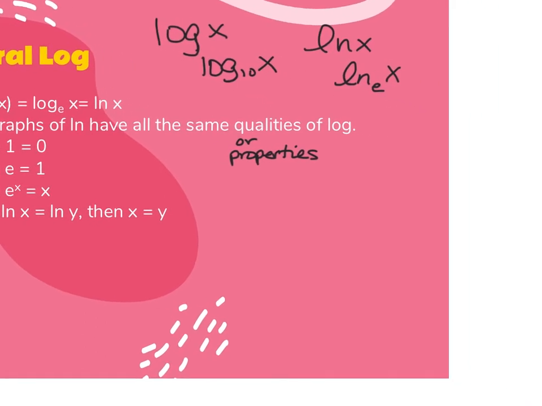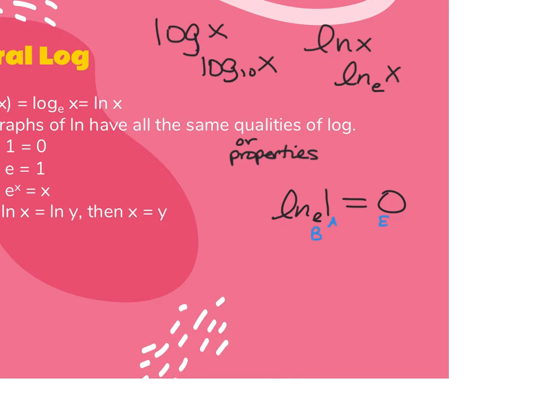So for example, if I have ln of 1 equals 0, again, you can assume that this has the little e here. Now, don't get confused with my b's or with my capital E and my lowercase e. When I write the capital B, the capital A, the capital E, this is for my Bay trick.